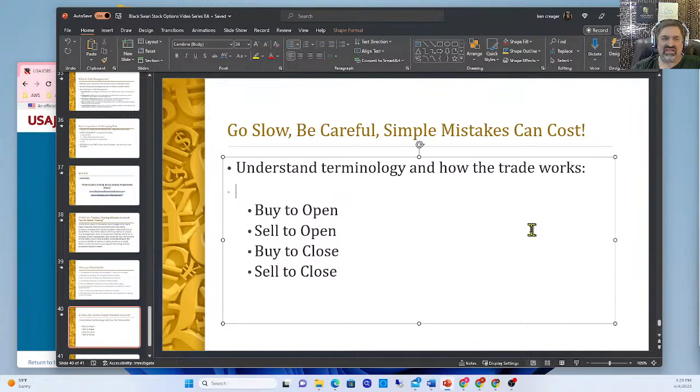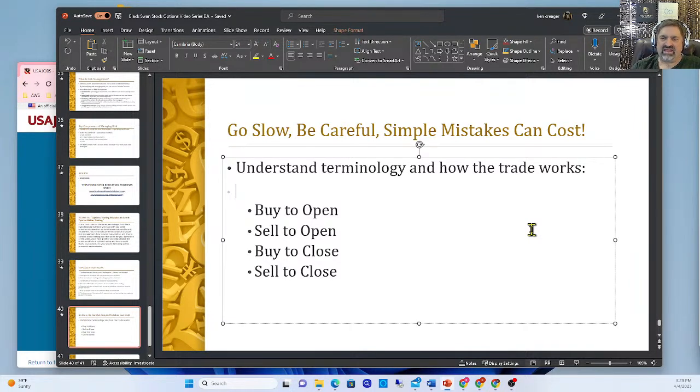So anyway, you have to remember that if you're going to open a position, if you're a buyer of an option, you're going to buy to open. So if you're going to buy a put or buy a call, you're going to buy to open. And when that trade executes, then you'll own that put or that call.